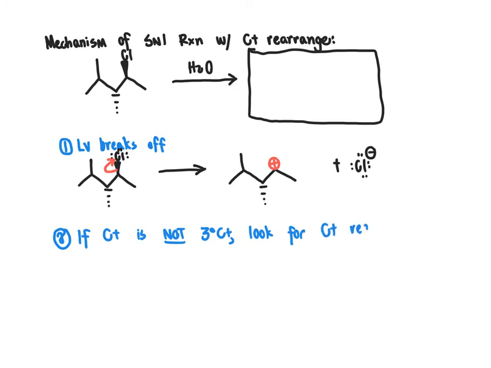But we need to investigate further here to see if a carbocation rearrangement is possible. So when will a carbocation rearrangement be possible? As this second step, the carbocation rearrangement will be possible if we can move a hydrogen or a carbon over by one spot to create a tertiary carbocation out of a secondary carbocation.